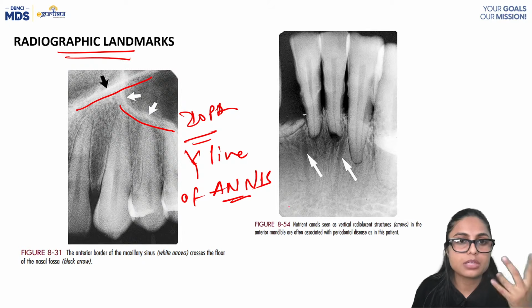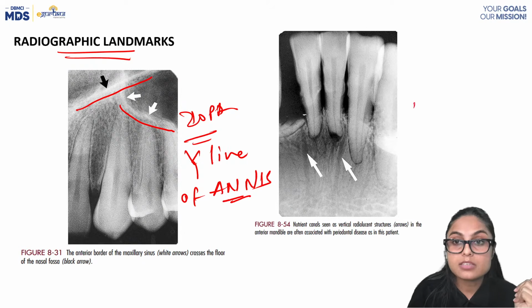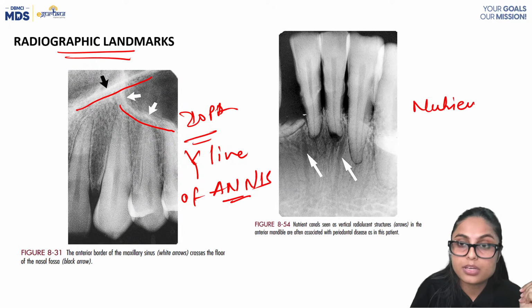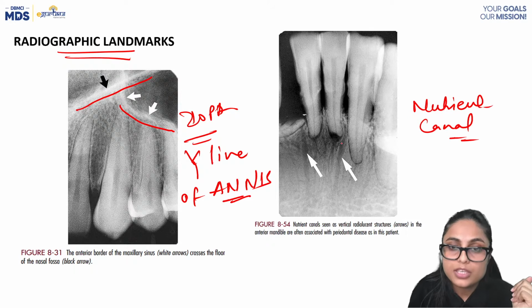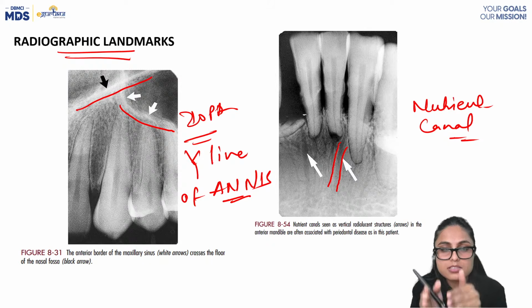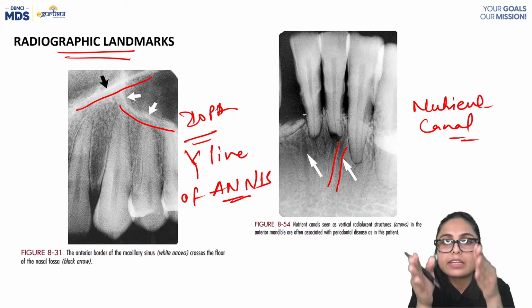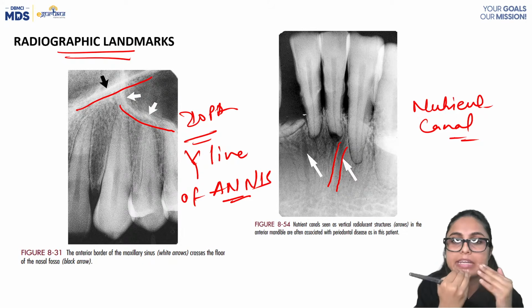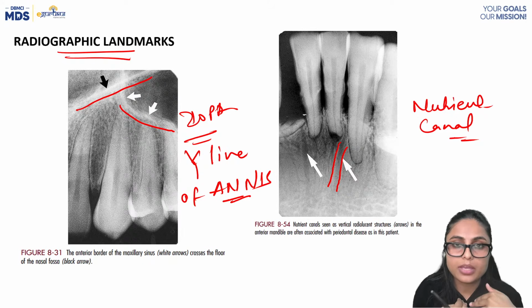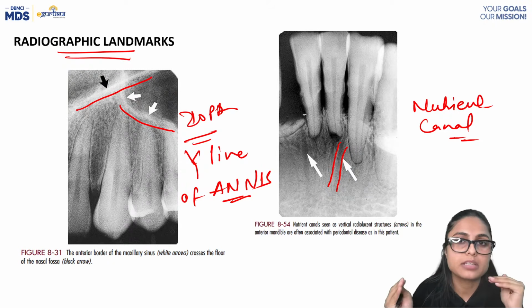This you need to remember. Next is the nutrient canal, which is also frequently asked. Nutrient canals are uniform-width radiolucent bands that you see mostly in the lower anterior incisor region. These nutrient canals carry neurovascular bundles.